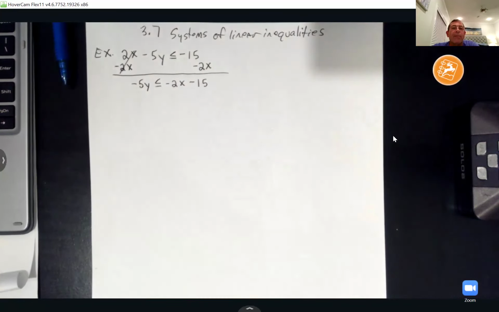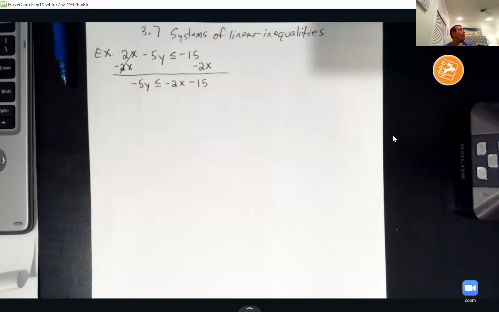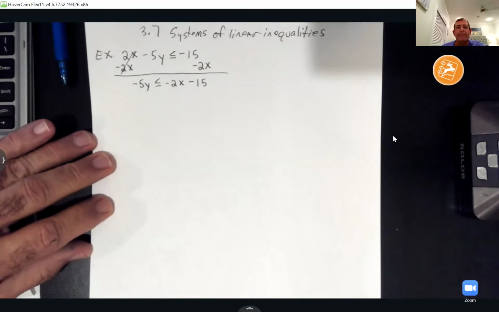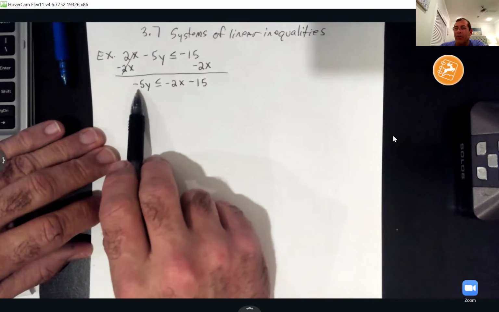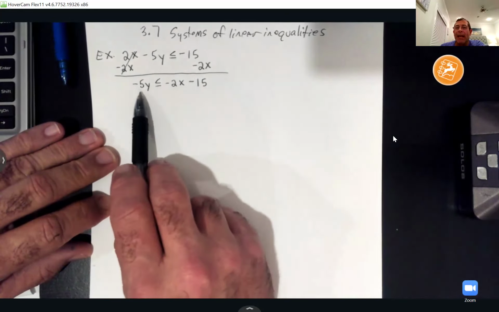So y'all, what's my next move? I need to solve that and make that a 1y. So how about we got to divide everybody by that -5.